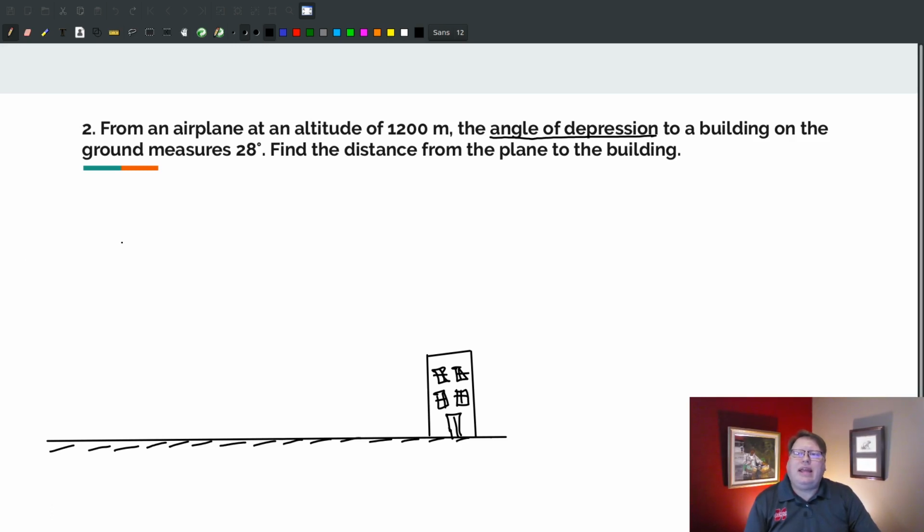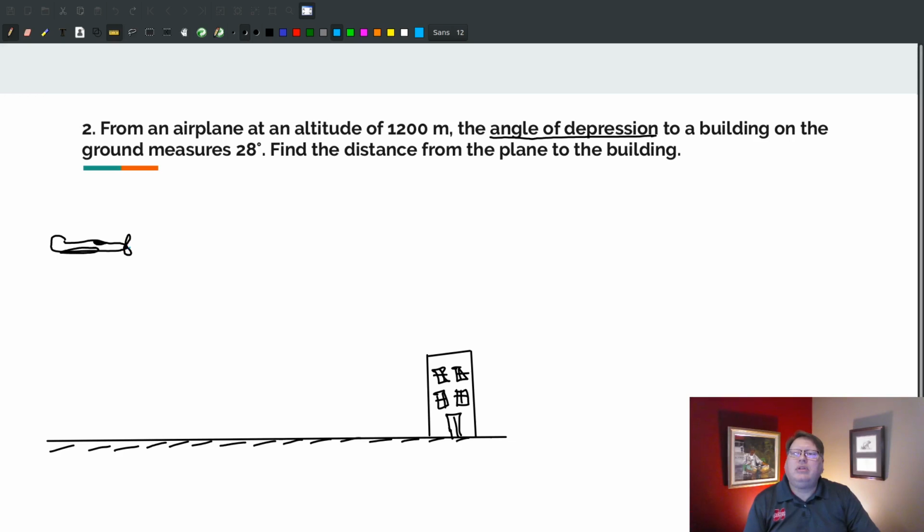And we need an airplane. Let's draw this out if we can draw an airplane up here. So there's our airplane, and I guess we can make this a propeller plane. And we need a horizontal here, so we're going to make that blue.